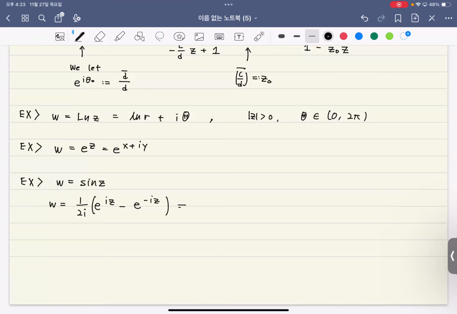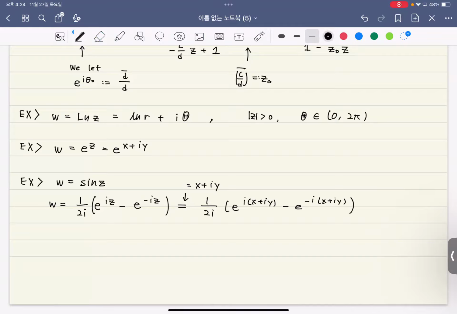This is our definition of the sine function. And since z is always x plus i times y, we get e to the i x plus i y minus e to the minus i times x plus i y, over 2i.